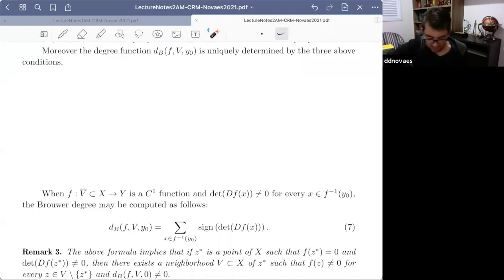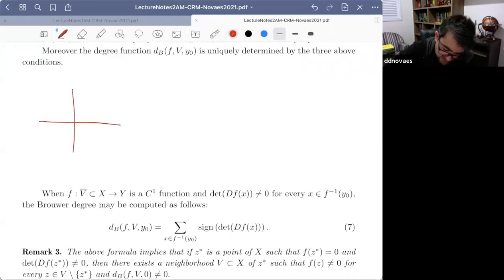So that's what I was saying. If we have, for instance, a function, and we can prove that this function is homotopically equivalent to another function that behaves in a nicer way, then we can use this new function.